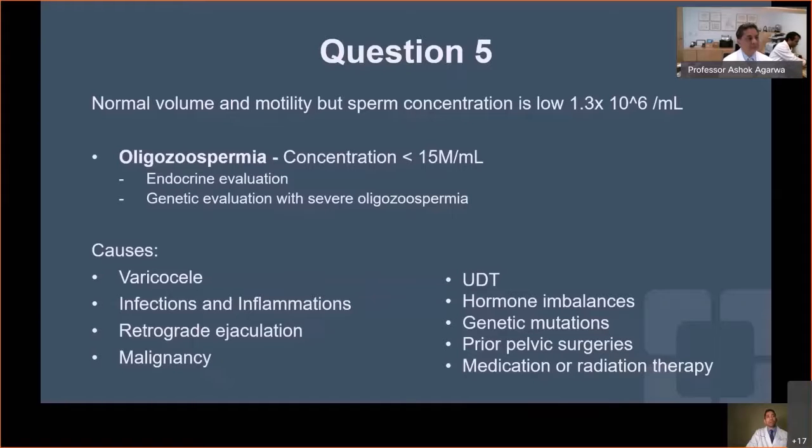Genetic evaluation is also recommended by these organizations for men with severe oligozoospermia, so a sperm concentration less than 10 million. Now, what are causes of oligozoospermia?